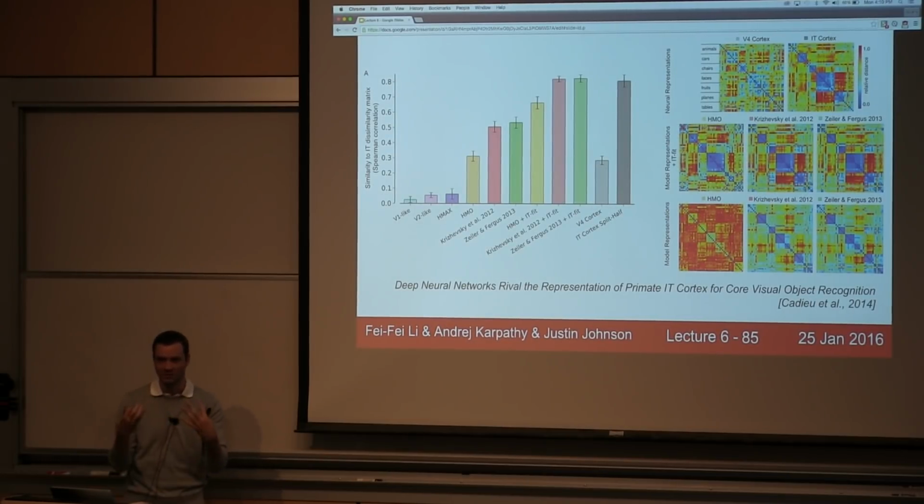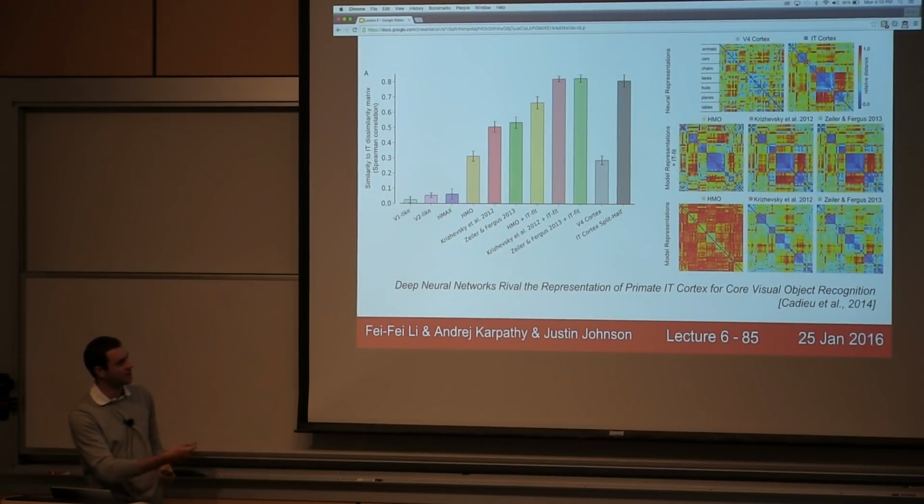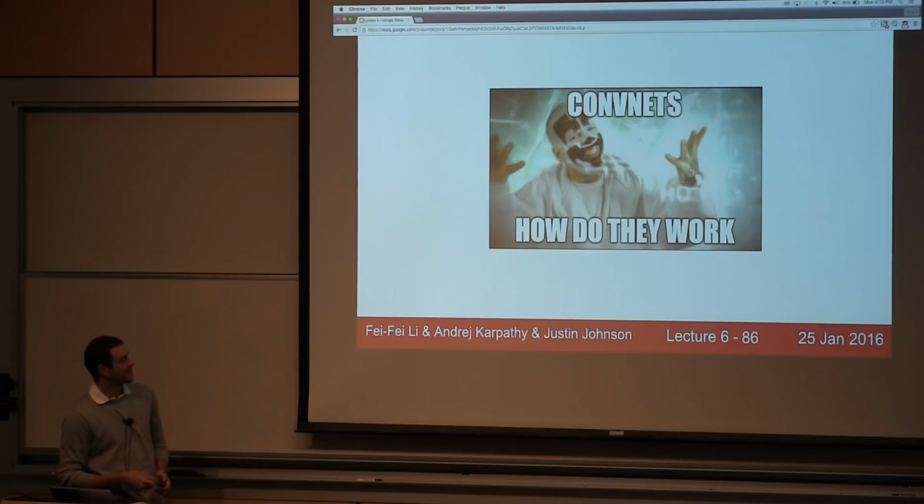There's a mapping between them. It almost seems like similar things are being computed. The way they arrange the visual space of different concepts, what's close and what's far, is remarkably similar to what you see in the brain. So some people think that this is some evidence that ConvNets are doing something brain-like, and that is very interesting. So the only question that remains in that case is, how do ConvNets work? And we'll find out in the next class. So that's it.